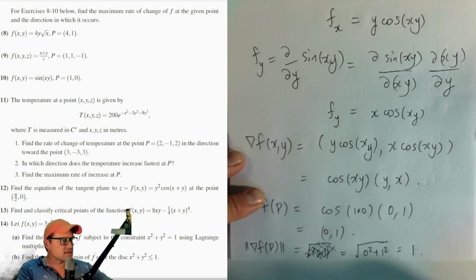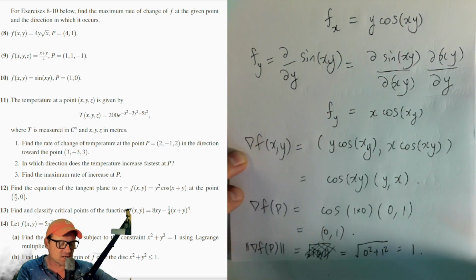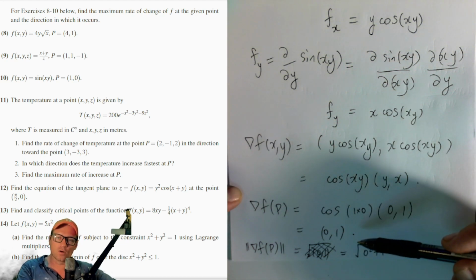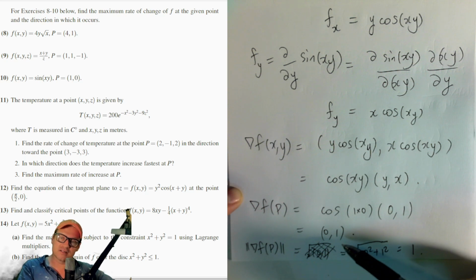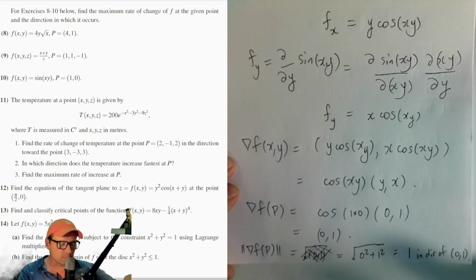And so this is the maximum rate of change at P. Now, in which direction does it occur? It occurs in the direction of the vector 1 over the norm of grad f at P times the vector grad f at P. Because 0, 1 is just a unit vector, that is in the direction of the vector 0, 1. Okay, and so that completes question 10.